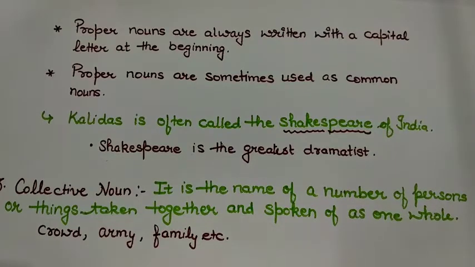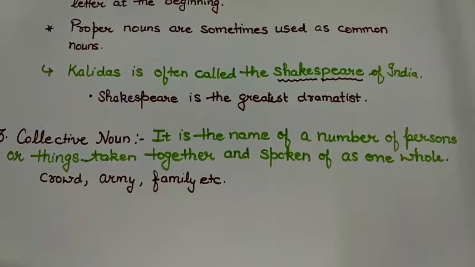Third one is collective noun. As the name suggests, collective noun is the name of a number of persons or things taken together and spoken of as one whole, like crowd, army, family. All these words are representing a collection. So they are called collective nouns.